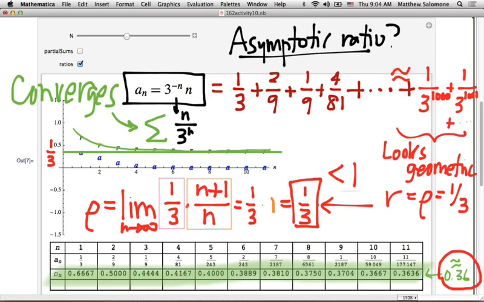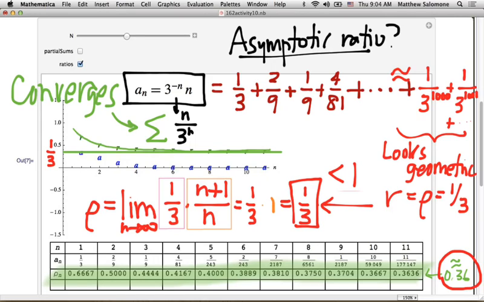And once we know what its ratio would be if it were geometric, we call it the asymptotic ratio, then the conclusion of the ratio test is the same as the conclusion for whether a geometric series converges. Is that ratio between -1 and 1? Or between 0 and 1 because we've taken just positive terms here? And if it is, then we get a convergent series. If the ratio is bigger than 1, we get a divergent series.